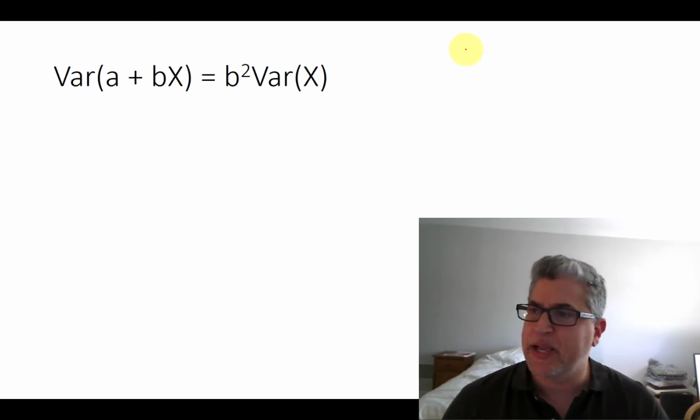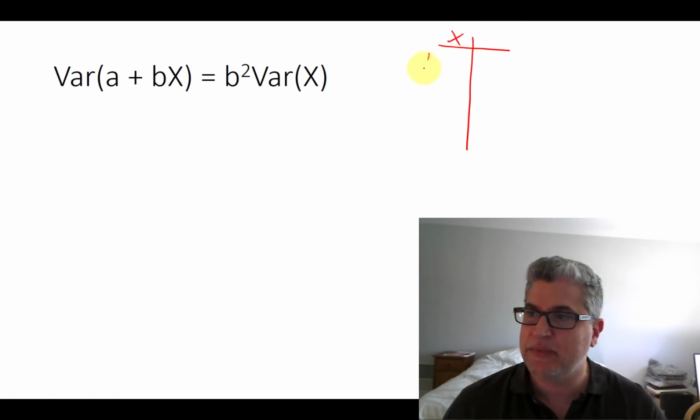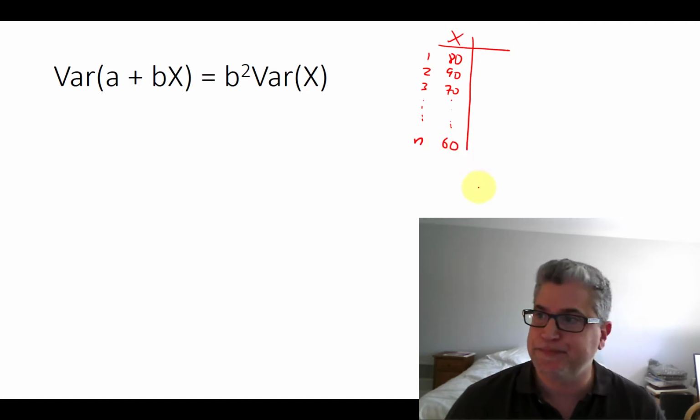So the idea, again, is that you've got some random variable, x, and you've got observations on x. Maybe, I don't know, 50 of them, or n of them to keep it general. Let's say that x was 80 for the first observation, 90, 70, and so forth, all the way down, who knows, to 60.